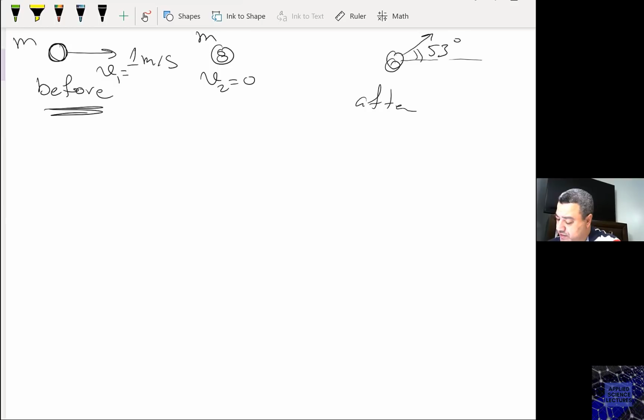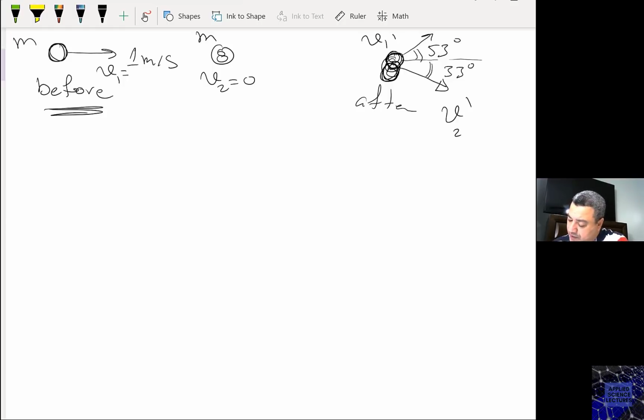However, the 8 ball is taking this path with 33 degrees. So this is the second ball. Here, this is V1 prime for the cue ball. This is V2 prime for the black ball.